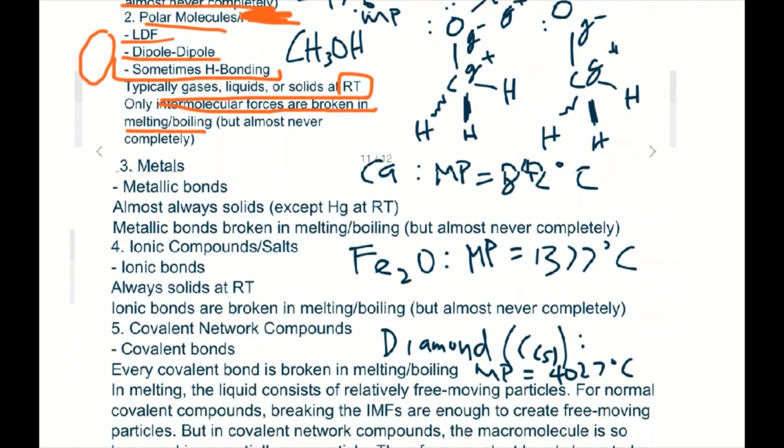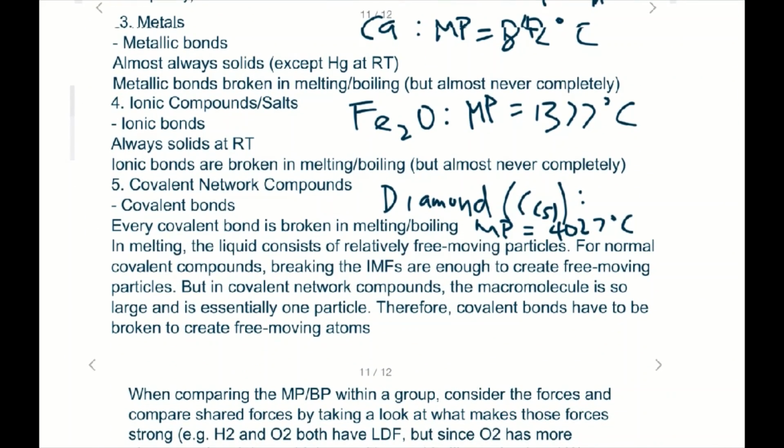Now, let's see metals. So metals will have the third lowest melting point or boiling point. And these metals have metallic bonds, of course, and they are almost always solids, and the exception is mercury at room temperature. Now, during melting or boiling, metallic bonds are broken, because if you have a piece of metal, it's just one hunk of metal, and one hunk of metal can't freely float around.